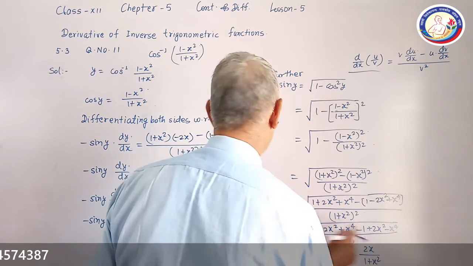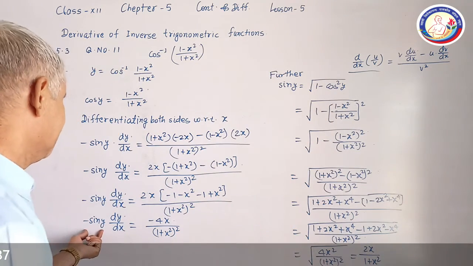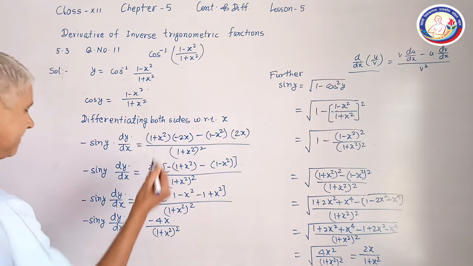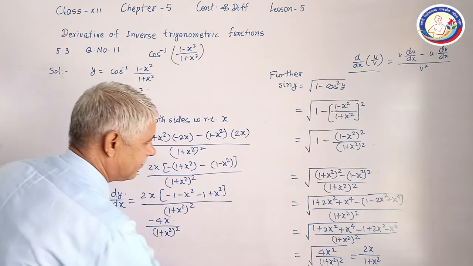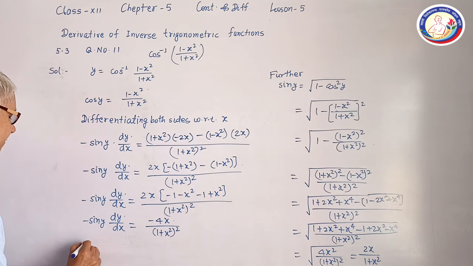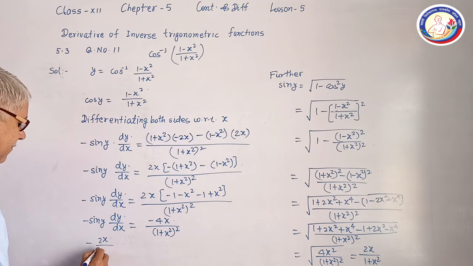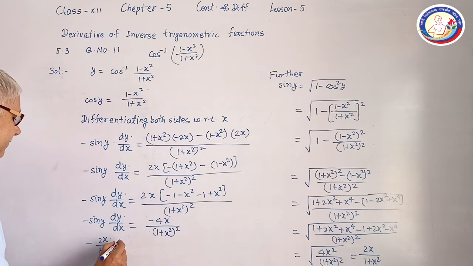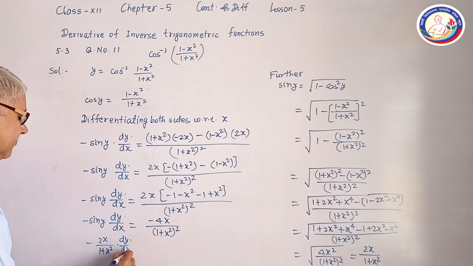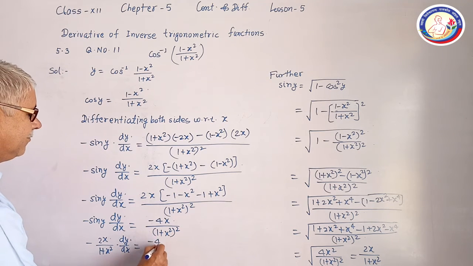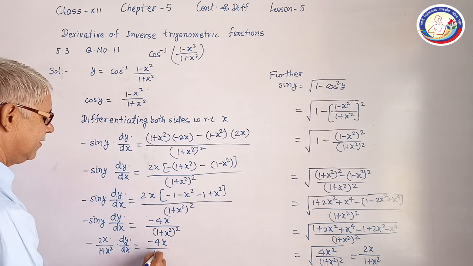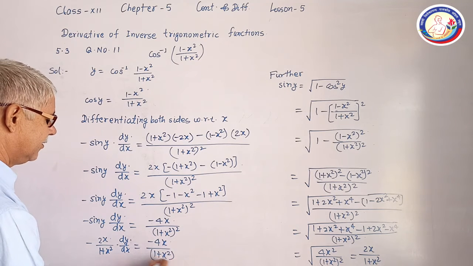If we put this value of sin y here, we will get minus 2x upon 1 plus x square into derivative of y with respect to x equal to minus 4x upon 1 plus x square whole square.